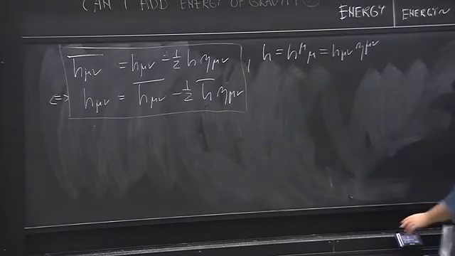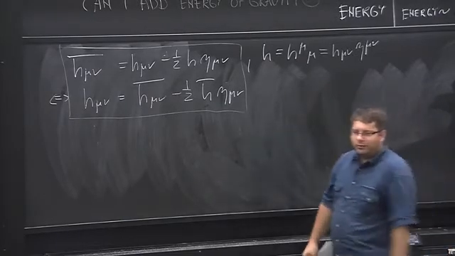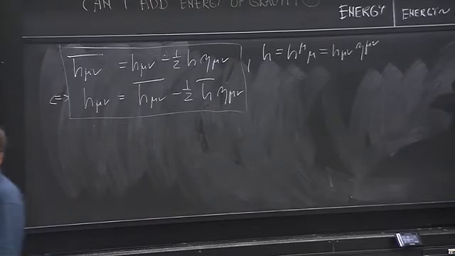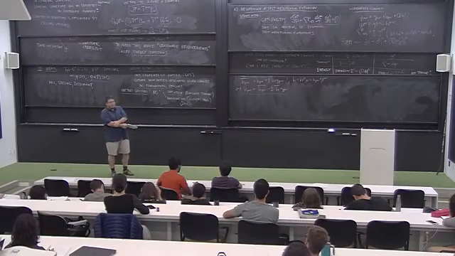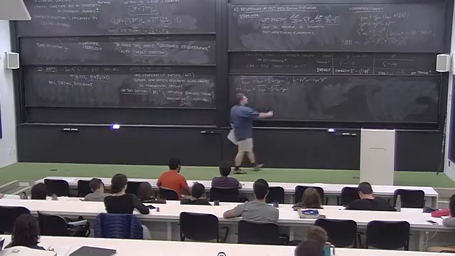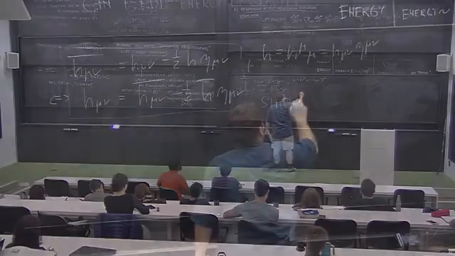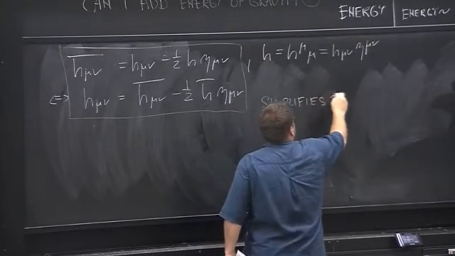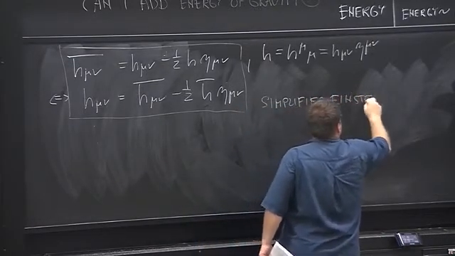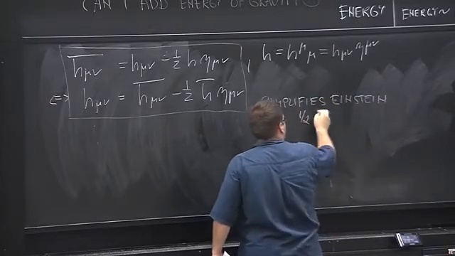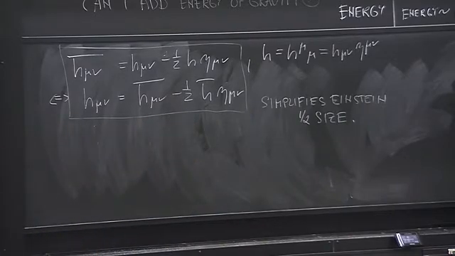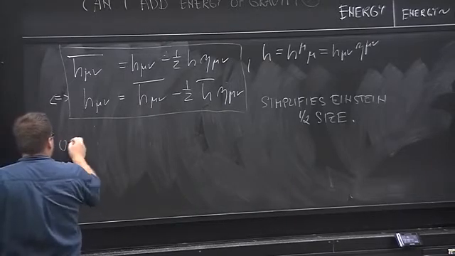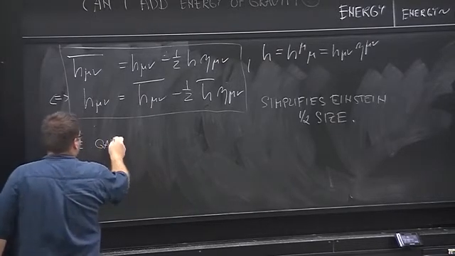It actually shortens by about half, which is good, but you still have some terms. So the next step is to use the gauge symmetry of gravity.